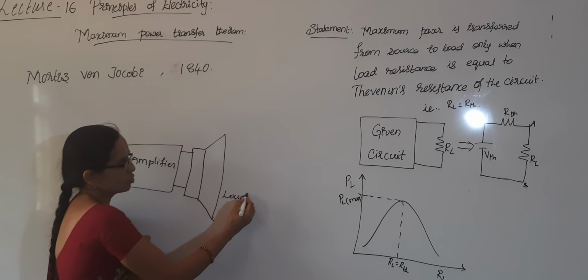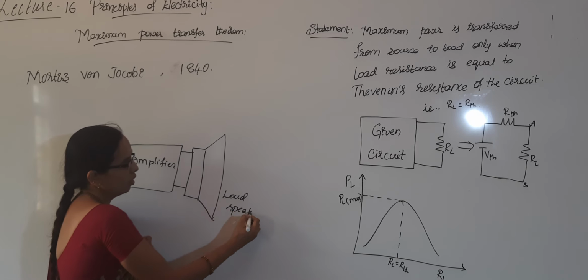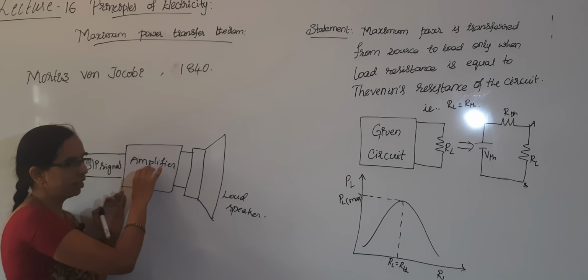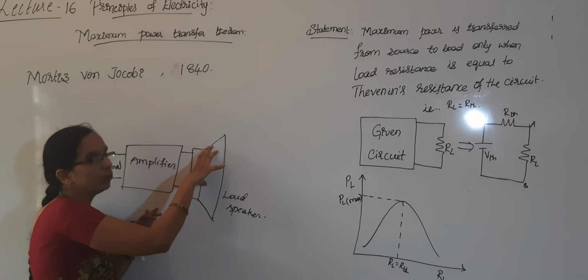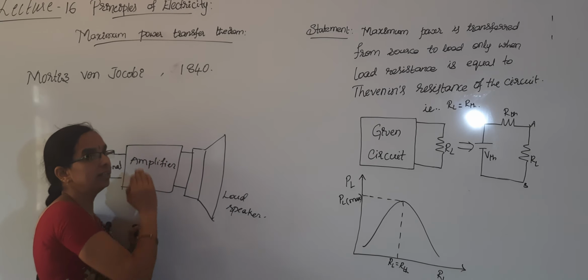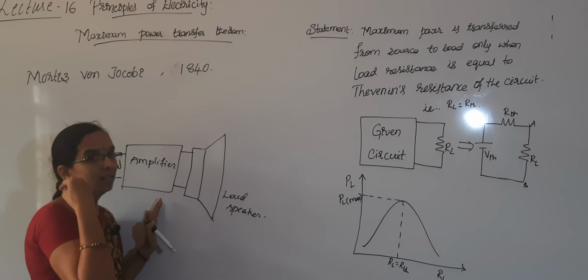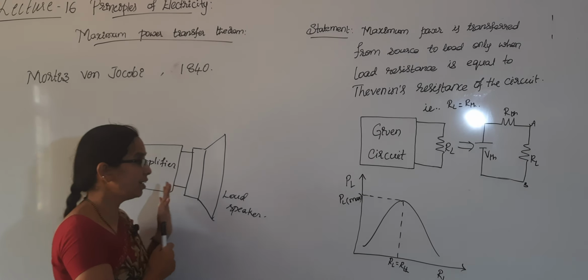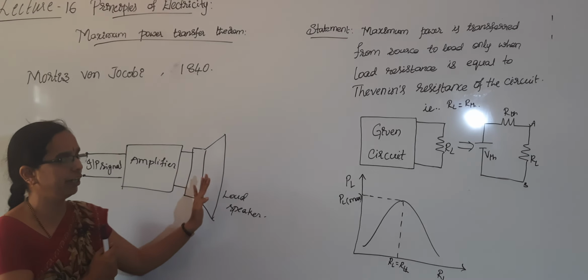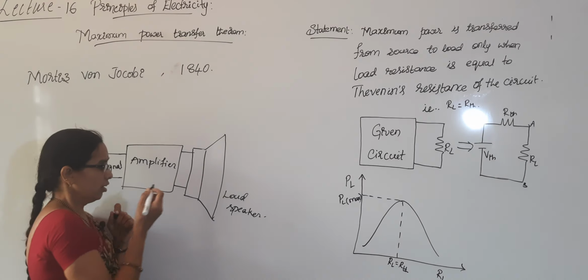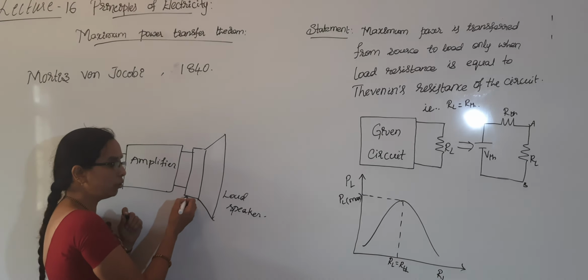Whatever input signal is coming goes to the amplifier, and this amplifier is connected to the loudspeaker, so that the amplified, strengthened signal will be heard by us loudly, and that electrical signal will be converted into a sound signal using the loudspeaker. So the amplifier should be connected to the loudspeaker.